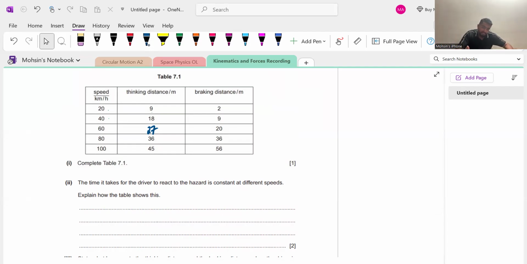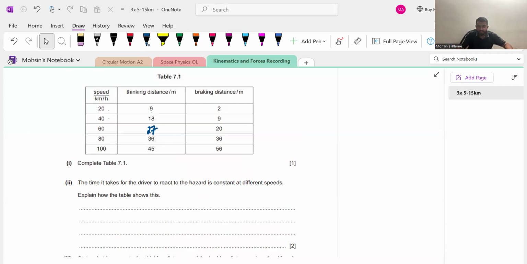If speed is getting doubled, the thinking distance is also getting doubled, because it's about the driver. If speed is 20, it is 9. If speed is multiplied by 5, it's 100, so 9 multiplied by 5 is 45. So the thinking distance is increasing proportional to the speed.